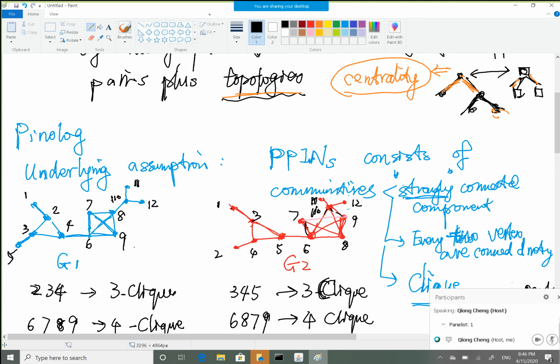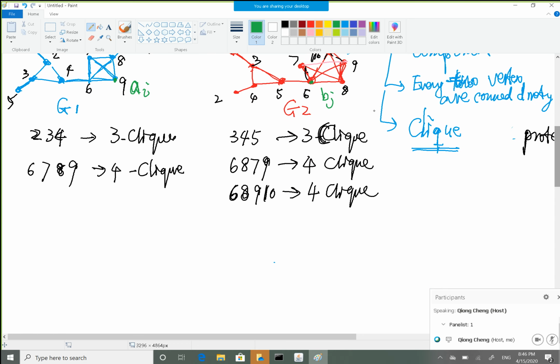Let's use a different color to represent this. Let's see one of the vertices here, 9 is the index. Let's say this is AI, and let's just randomly use something here. This is BJ. So for any such VI and BJ, let's see here.